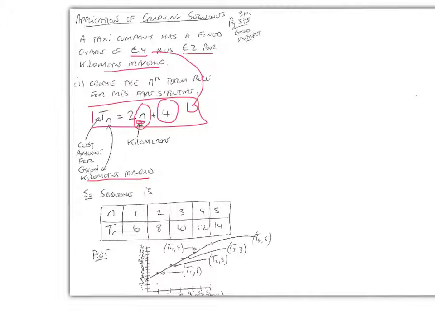So if we were to generate the sequence for this, if we let n be the first term, second, third, fourth, fifth kilometre, then the term rule would tell us the term values: if I go 1 kilometre, I'm charged 6, 2 kilometres I'm charged 8, 3 is 10, 4 is 12, and 5 is 14.